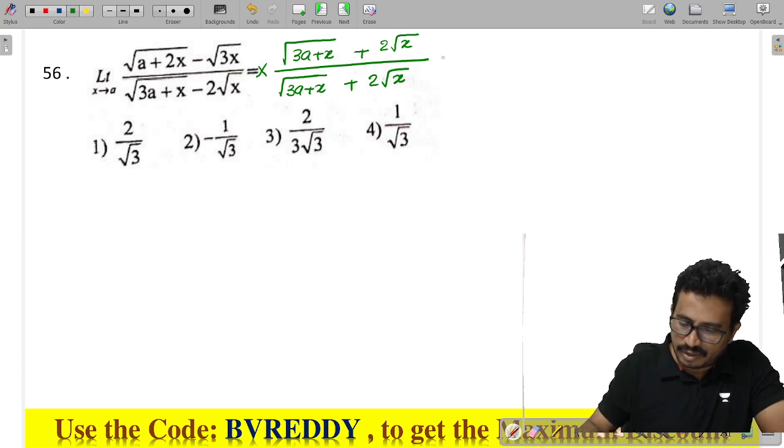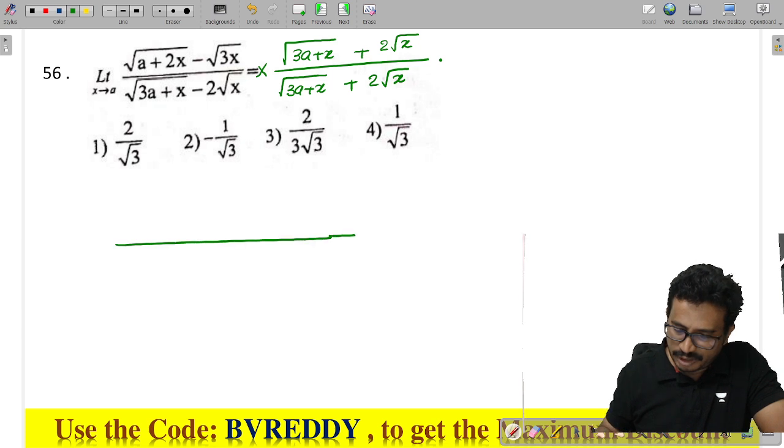Fine. And then the denominator, what happens, you tell me now here? 3a plus x minus 4x. Isn't it?